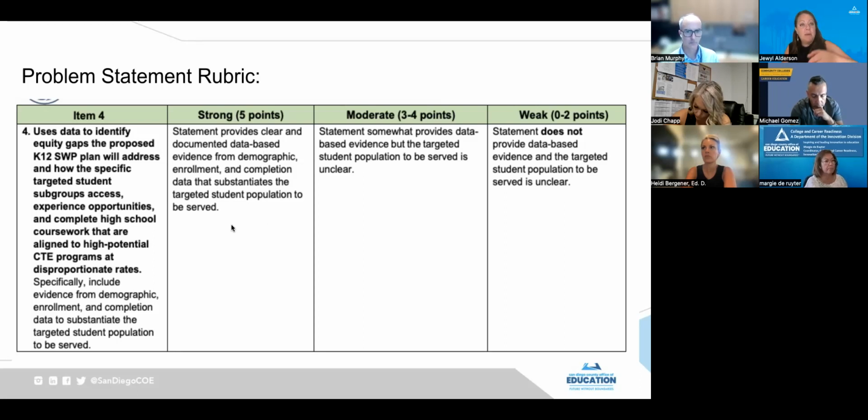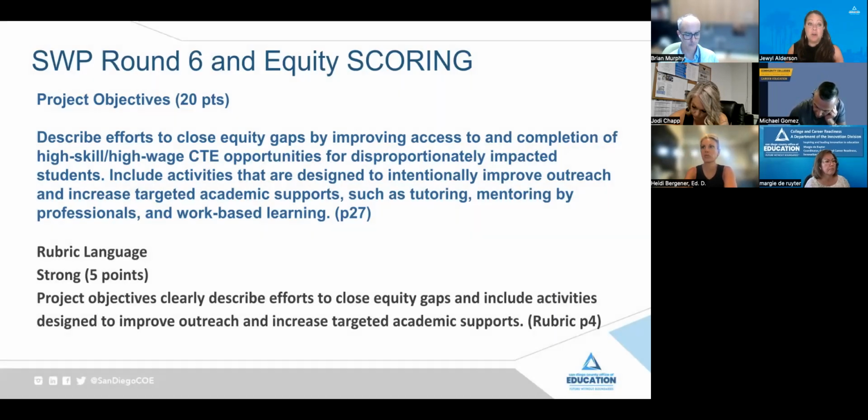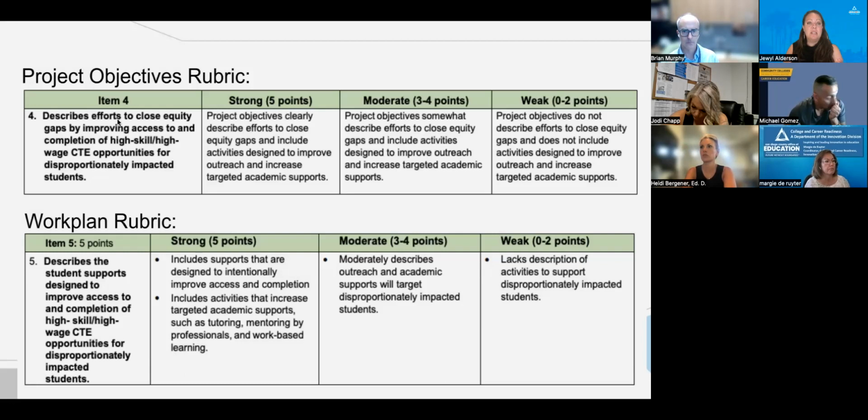But if you're writing about these special populations for this rubric item, then your plan also needs to support these students, right? So your problem statement is going to say part of our challenge is supporting special populations. Then you get to the project objectives, and you're going to say, we are going to clearly describe the efforts to close equity gaps, including activities designed to improve outreach and increase targeted academic supports. So it can be tutoring, right? And this is K-12 SWP.